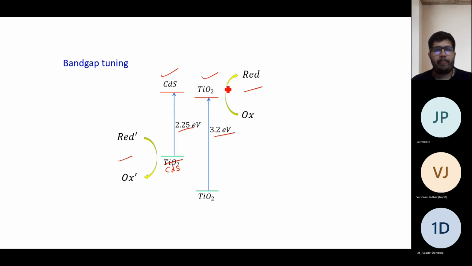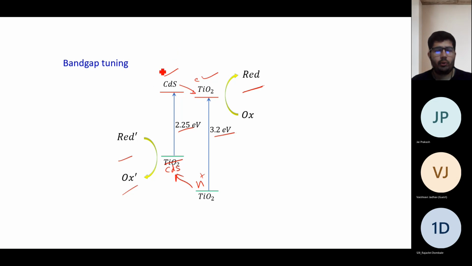So both are happening on different materials. Whenever holes are generated, they go to this side and electrons go to the other side. So it is like a PN junction only.